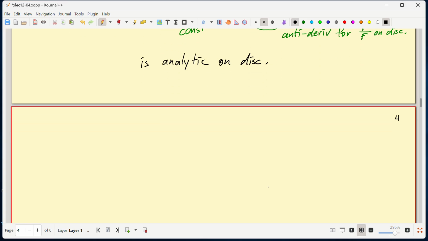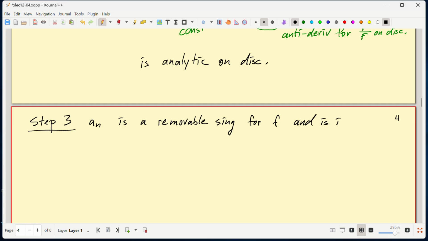Now I'm going to show you that the next step is that a_n is a removable singularity. And in fact, it's a zero of order m_n.